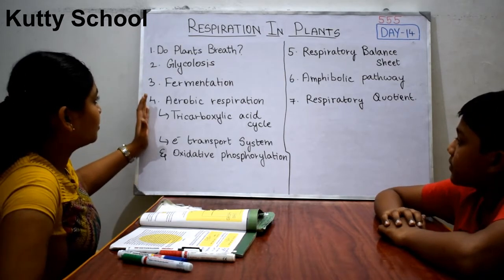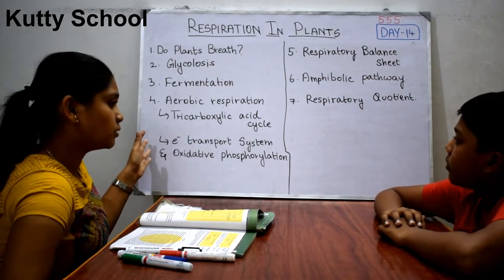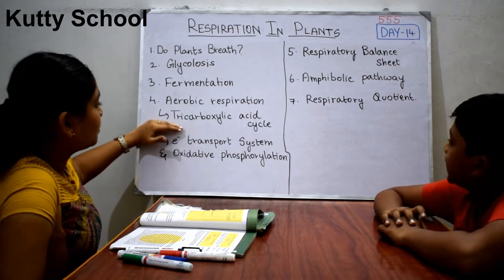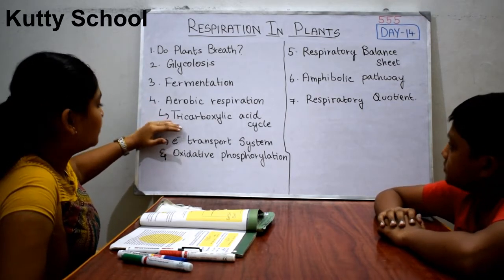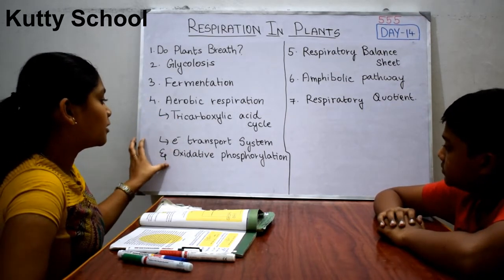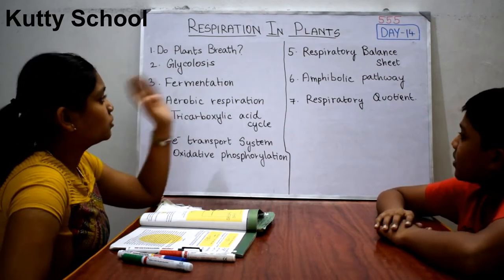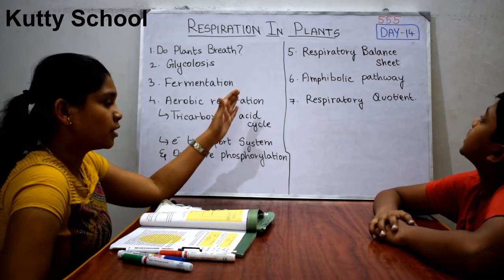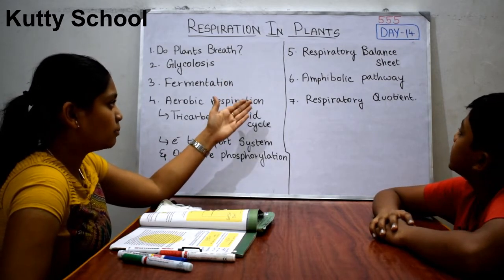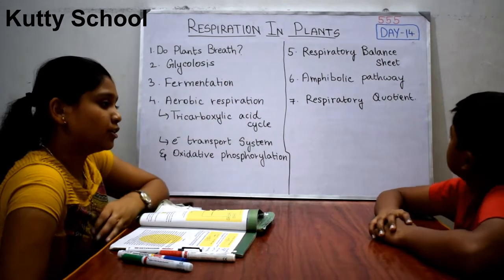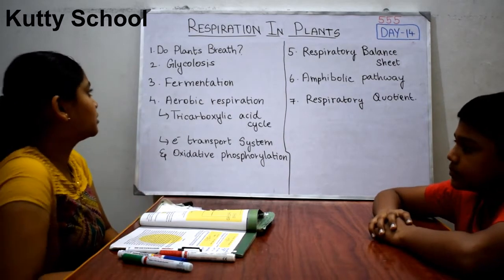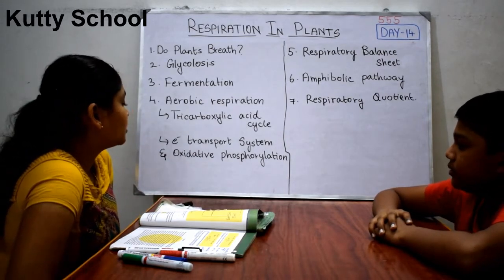Under aerobic respiration there are 2 subtopics: the first is the tricarboxylic acid cycle, and the second is the electron transport system and oxidative phosphorylation. Then we will see the respiratory balance sheet, amphibolic pathway, and respiratory quotient. We are going to discuss these topics in detail.